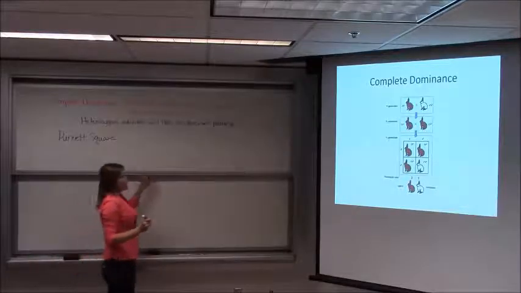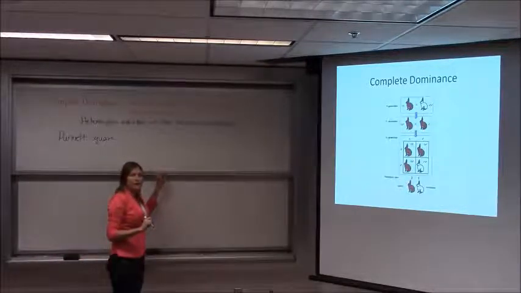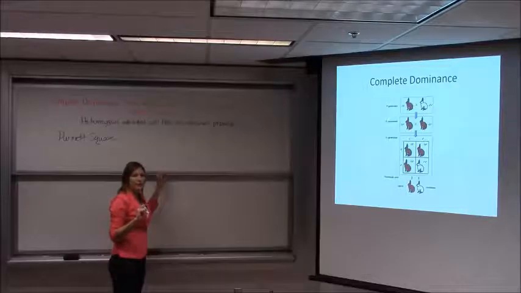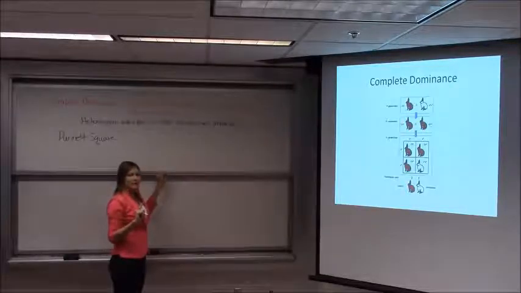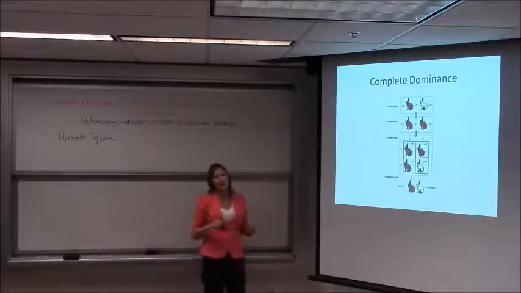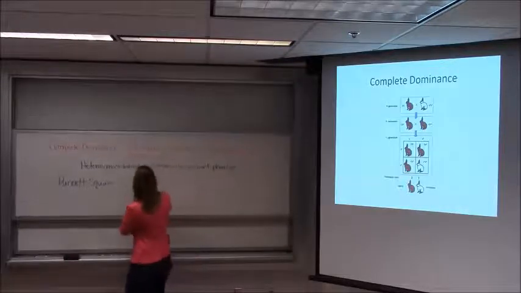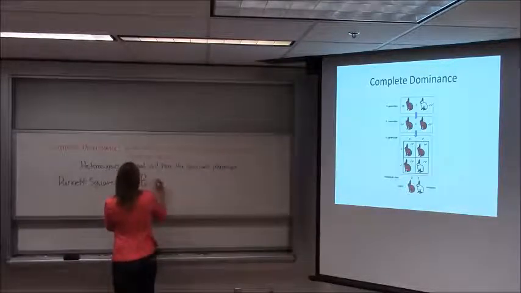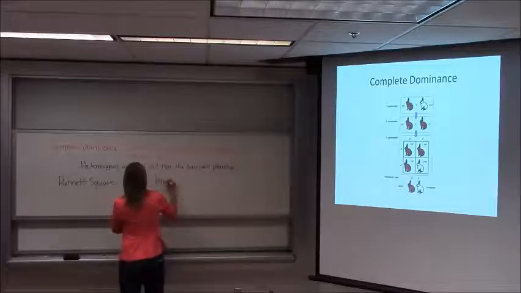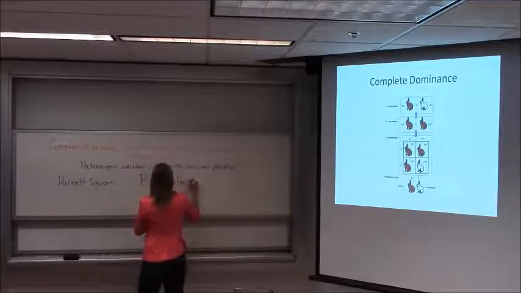We're going to represent the alleles using one letter. So rather than showing brown as a B and white as a W, we're going to use capital B and lowercase b. So we're going to have capital B represent the brown fur allele.